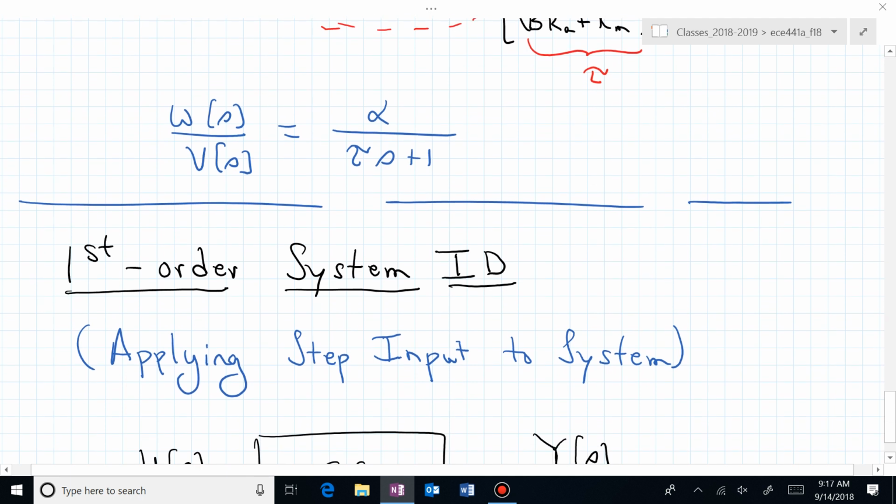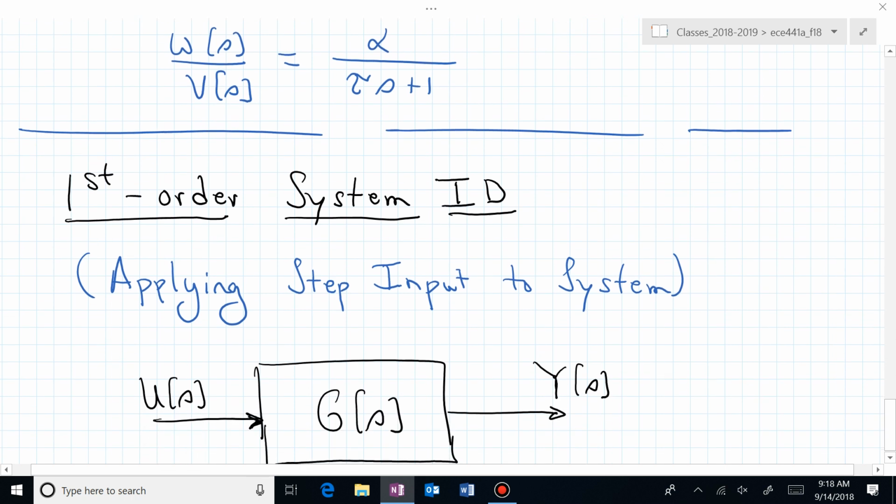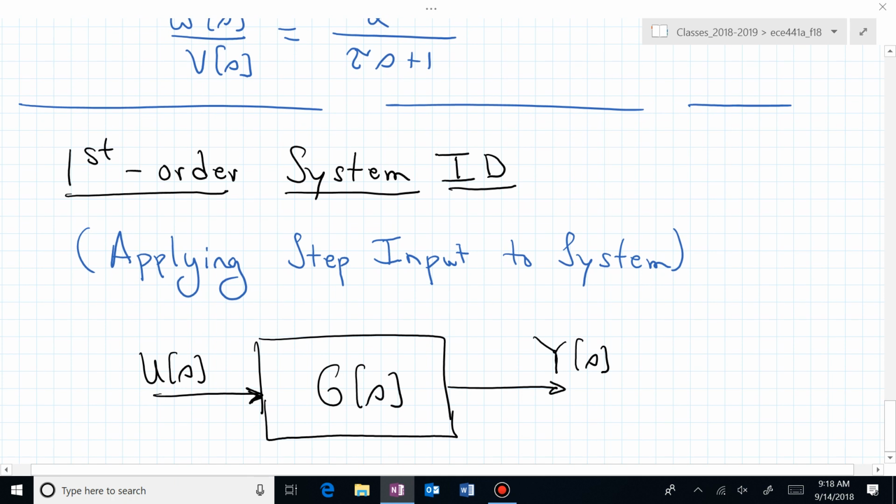Let's now figure out how to identify or find that alpha and tau. Let's do first order system identification by hitting, by applying, by exciting, you may hear me say all of these, this system with a constant input. And it may not be a unit step. In the lab, you're hitting that mass with a reference input. You're commanding it to go so far.